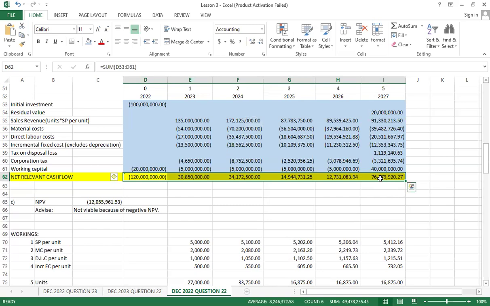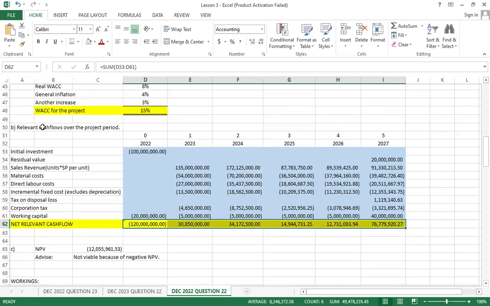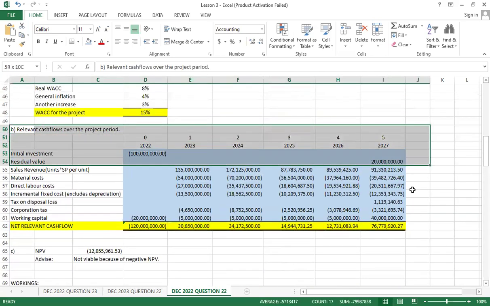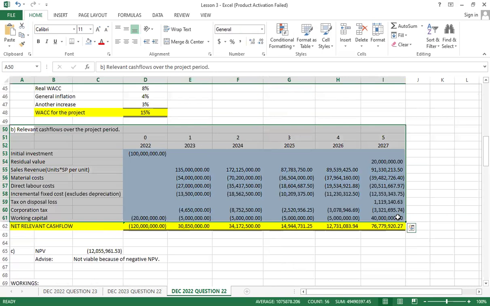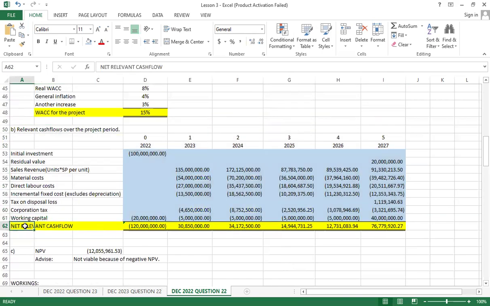You can have a comprehension question whereby you must first summarize these relevant cash flows the way we have done it. So you must know how to work out the cash flows before you can get the net relevant cash flow, which is what we need to compute the value of NPV. And so that should be very clear.